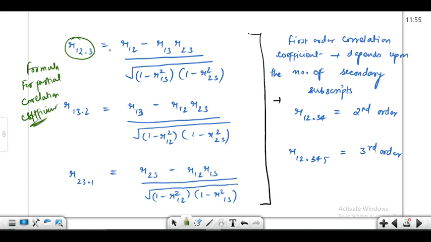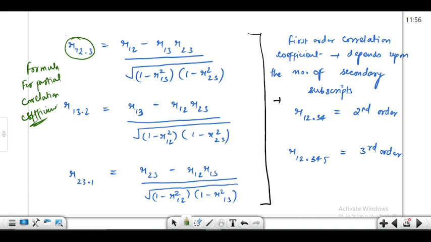R12.3 is equal to R12, or the correlation coefficient between y and x2 variable, minus R13 R23, upon the square root of 1 minus R13 square into 1 minus R23 square. So this is how you calculate the values.